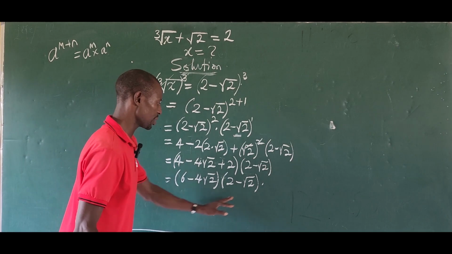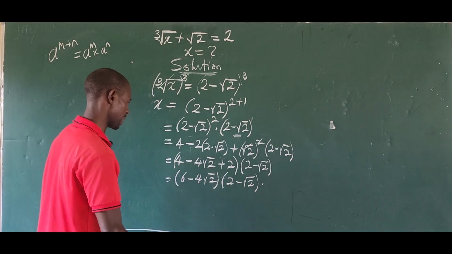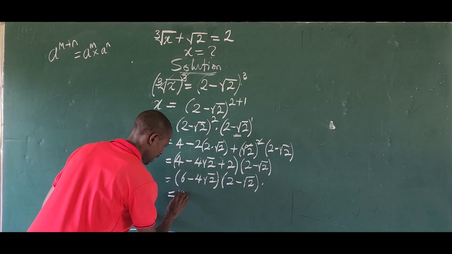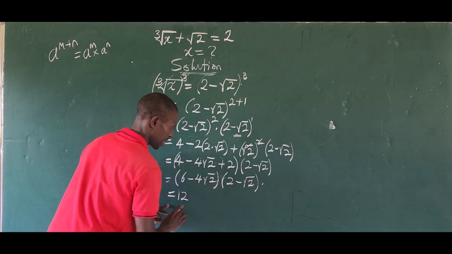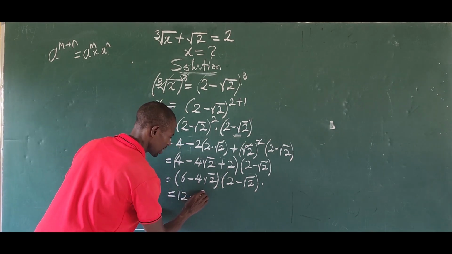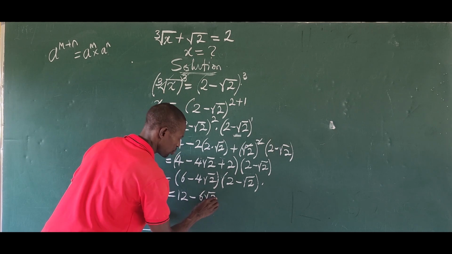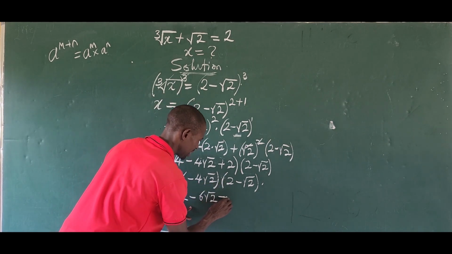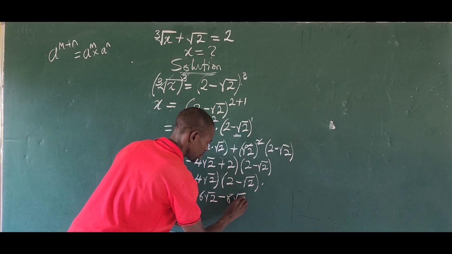So we can now use this to open up this again. So if we do that, 6 times 2 will give us 12. 6 times minus root 2 will give us minus 6 root 2. Then minus 4 root 2 times 2 will give us minus 8 root 2.